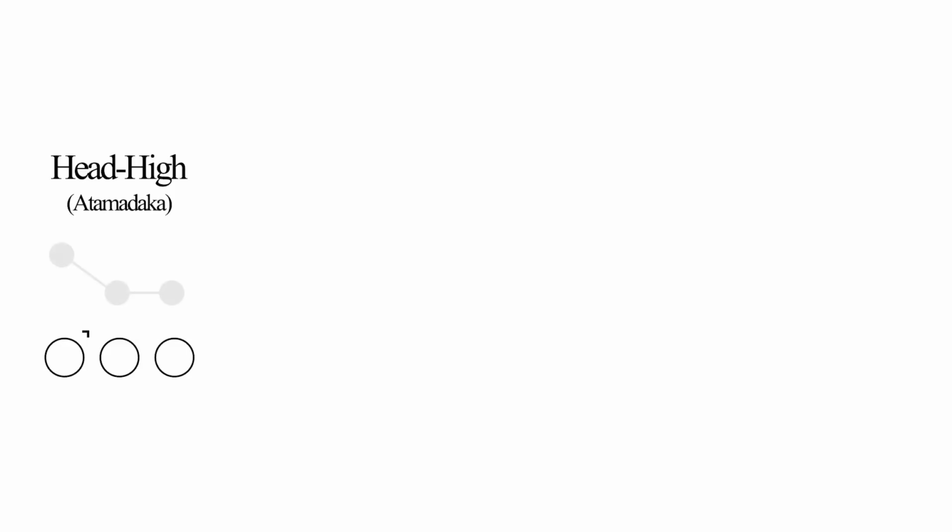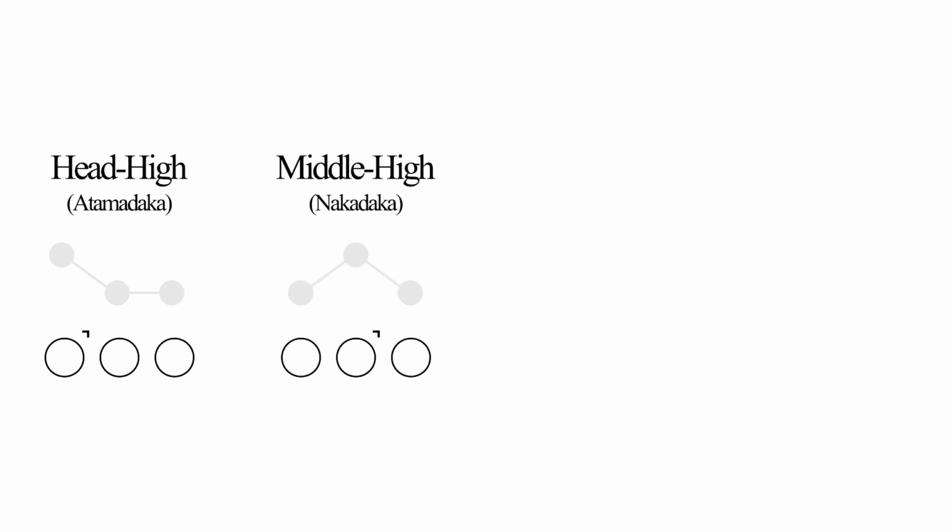With these rules in mind, let's learn pitch accent patterns in standard Japanese. There are 4 different pitch accent patterns in standard Japanese. 1. Head-high pattern. 2. Middle-high pattern. 3.